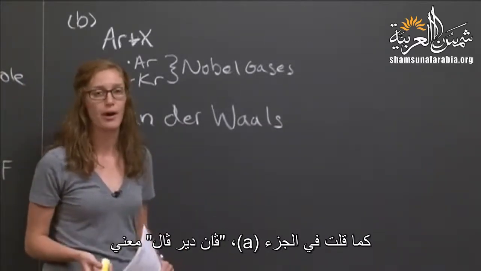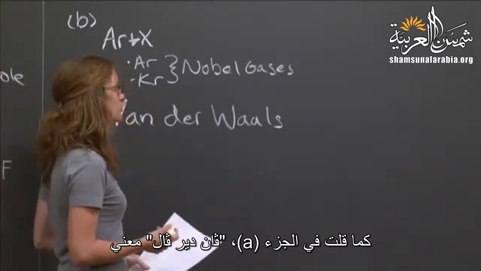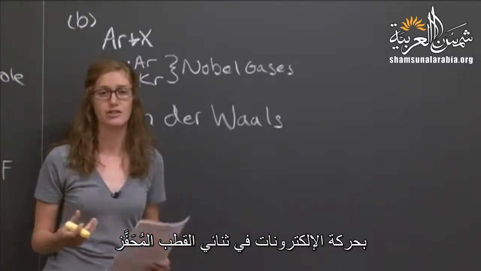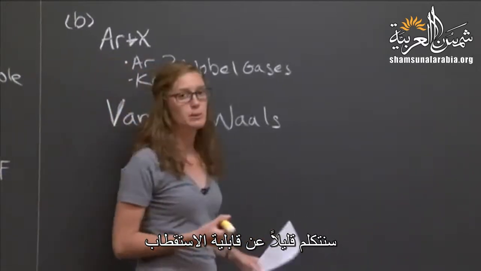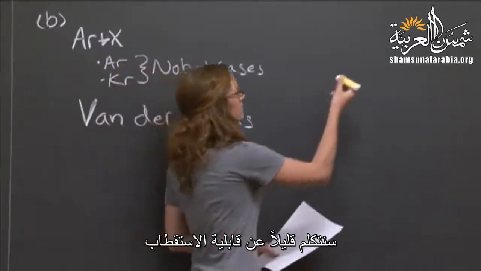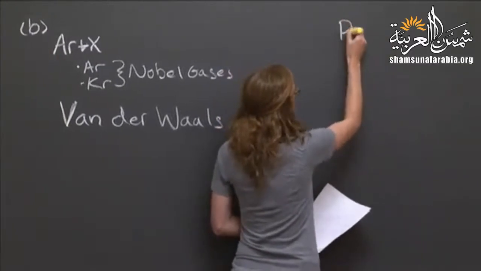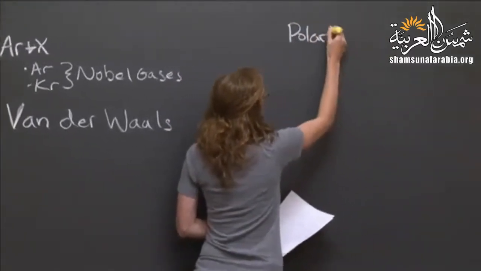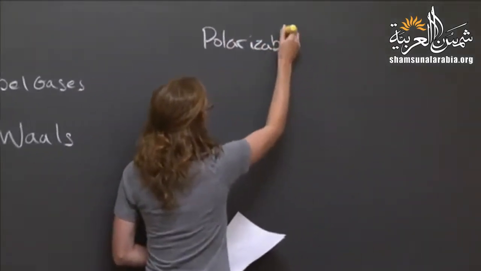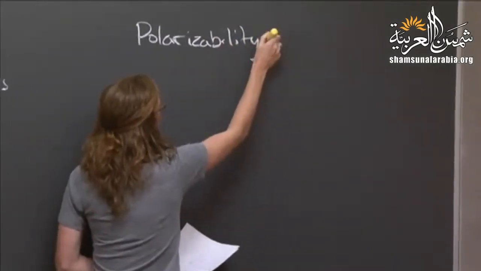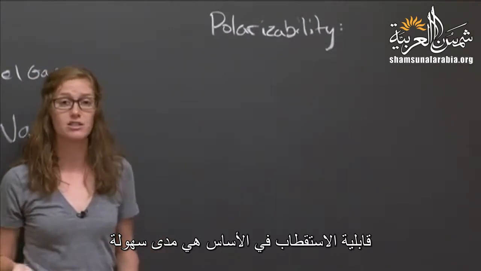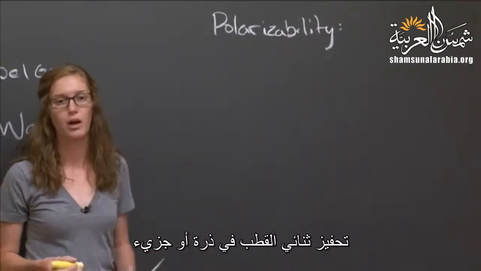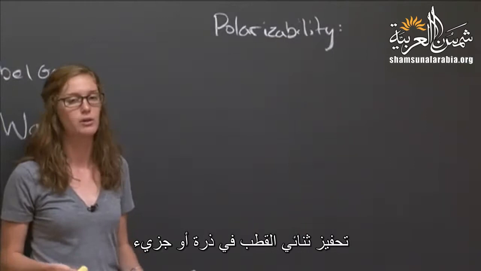So as I said in part A, van der Waals has to do with the movement of electrons in an induced dipole. And what does that mean? So we're going to talk a little bit about polarizability. And polarizability is basically how easy is it to induce a dipole into the atom or molecule.